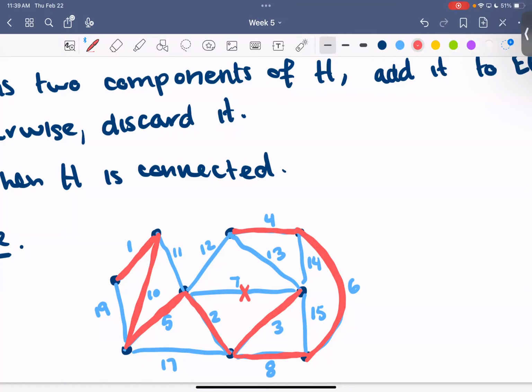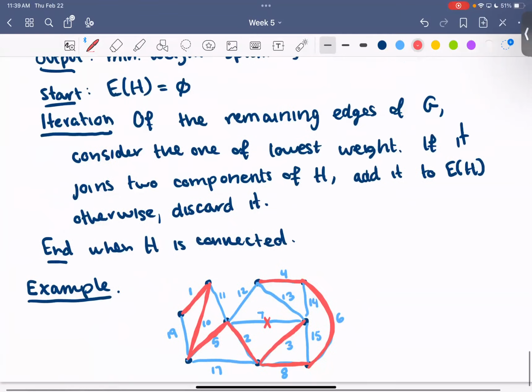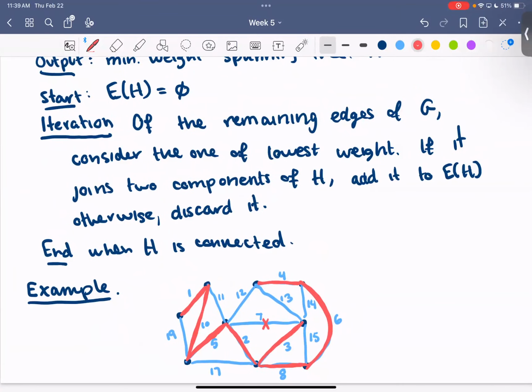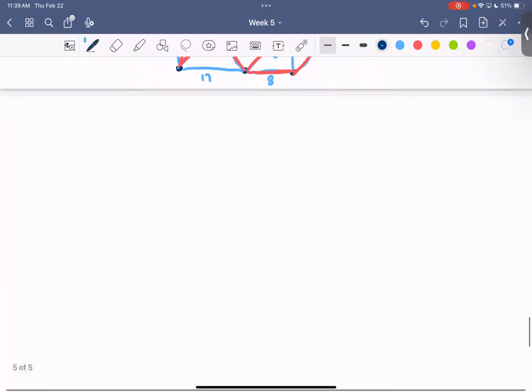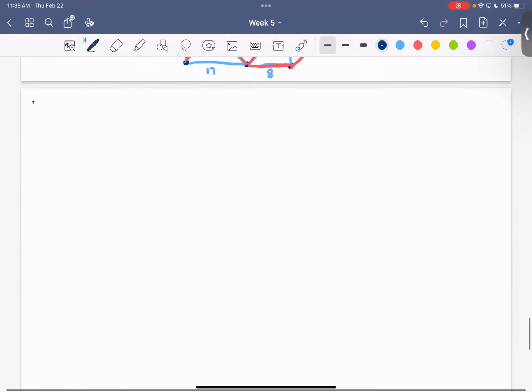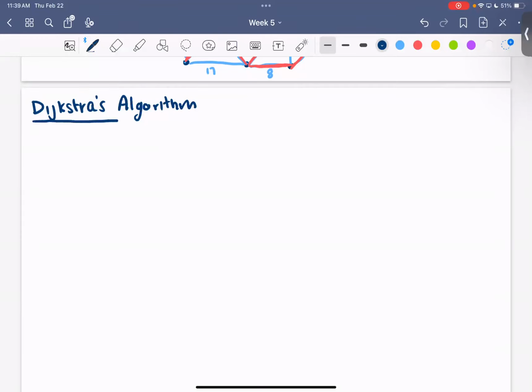And then the next one that I wanted to show you all was Dijkstra's algorithm. What this does is find a path of least weight from one vertex to another.